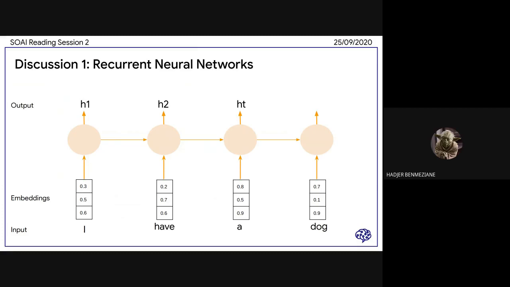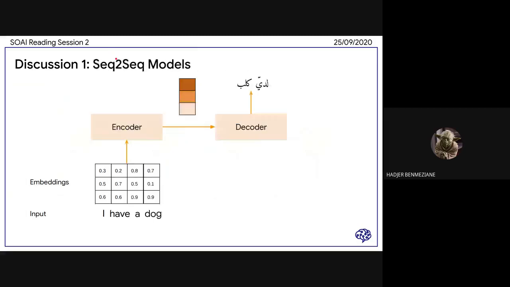Okay, perfect. So this is the recurrent neural networks. And then let's talk about the seq-to-seq model. Imagine that we're going to use it to translate the sentence "I have a dog".